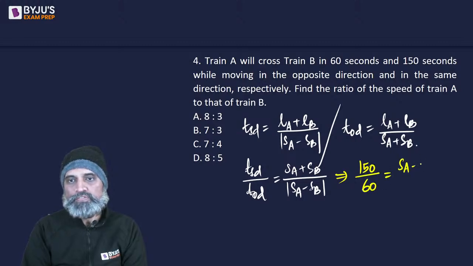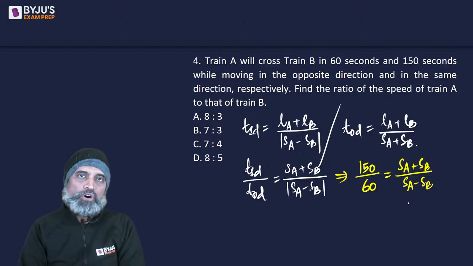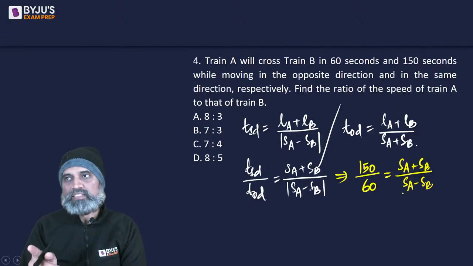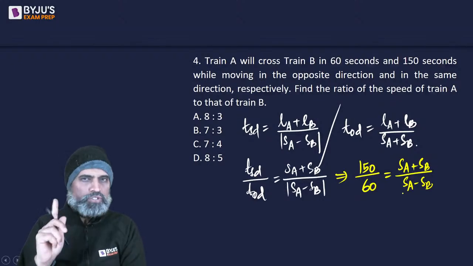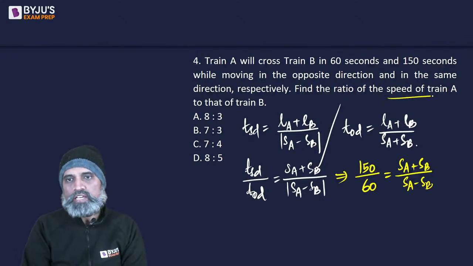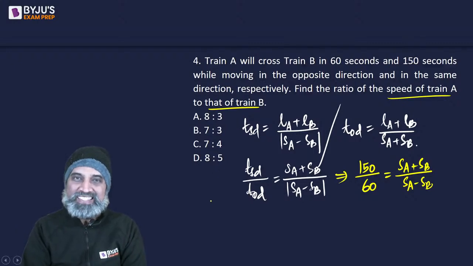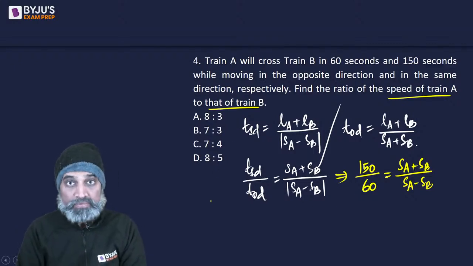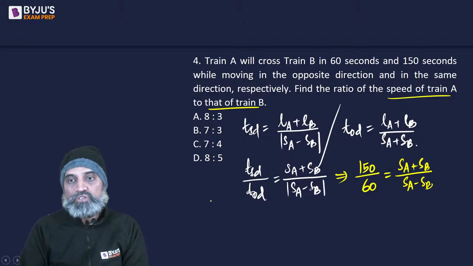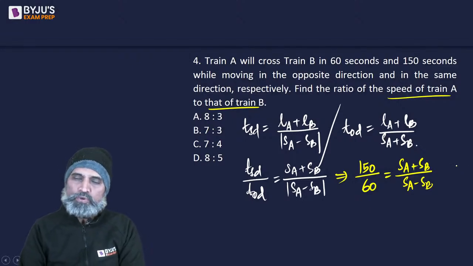So this is speed of A minus speed of B divided by speed of A minus speed of B. Why have I removed mod and taken SA minus SB rather than SB minus SA? Using a bit of common sense. Question asked is the ratio of A is to B, and each of the option tells us that A is larger, right? That's why. So A bada hai to SA minus SB is what we should take in the case of difference.